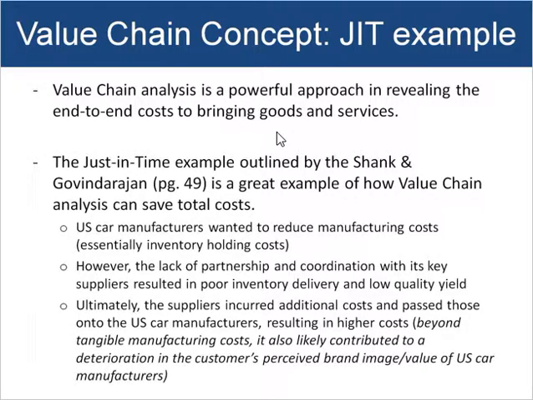So what ended up happening is you destroyed your inbound logistics, the very first box on the previous slide, and you essentially resulted in a severe depreciation of not just the brand, but the perceived value of the American car, because the suppliers were the ones who took the biggest hit, and they had to cut corners to make it.